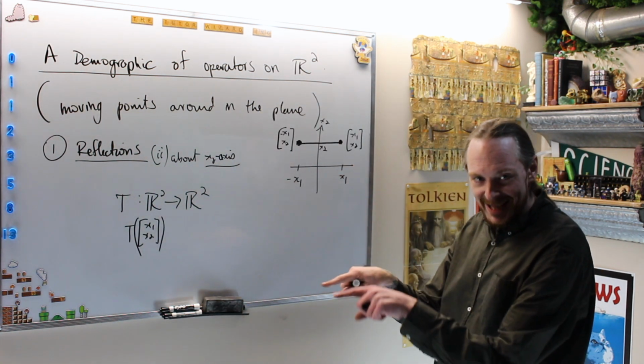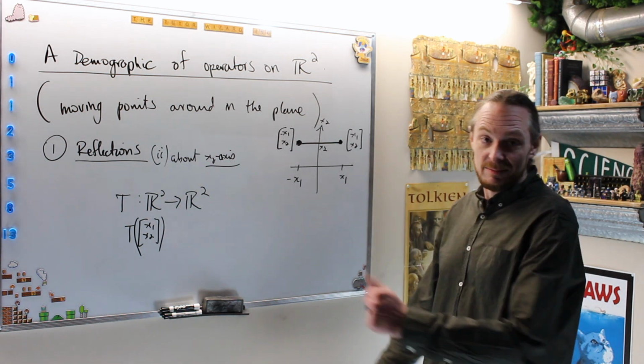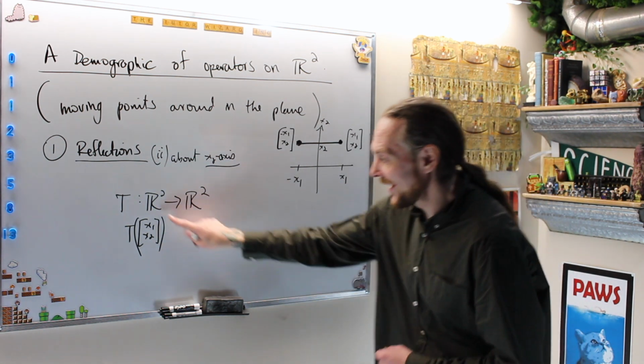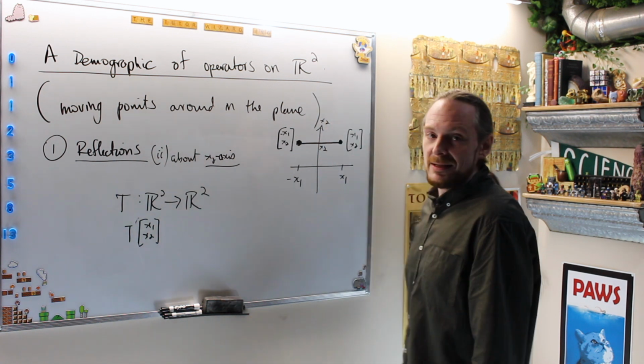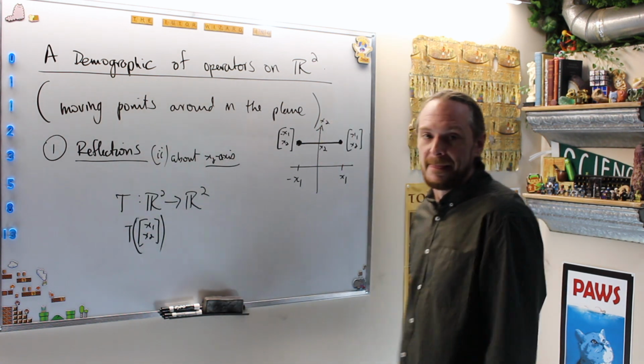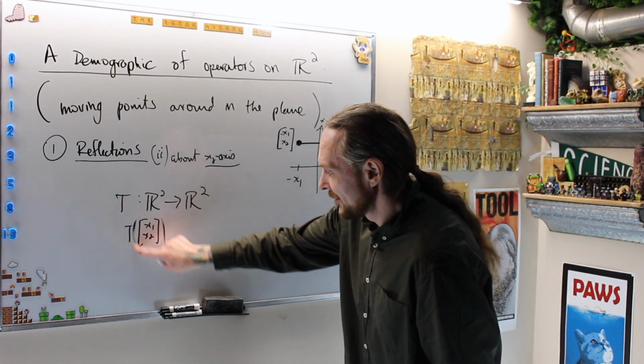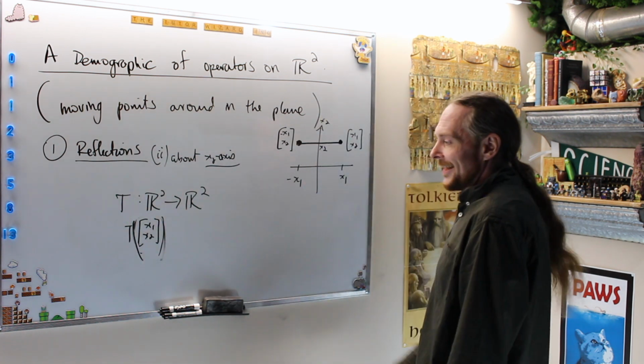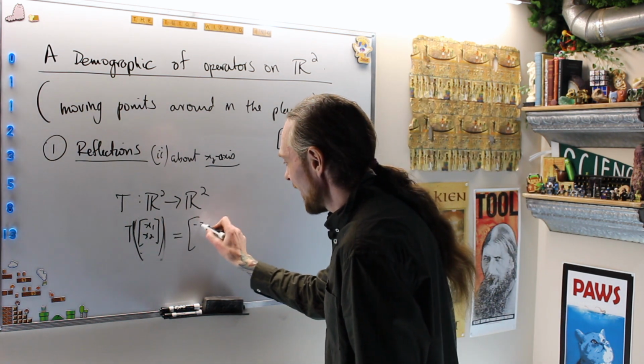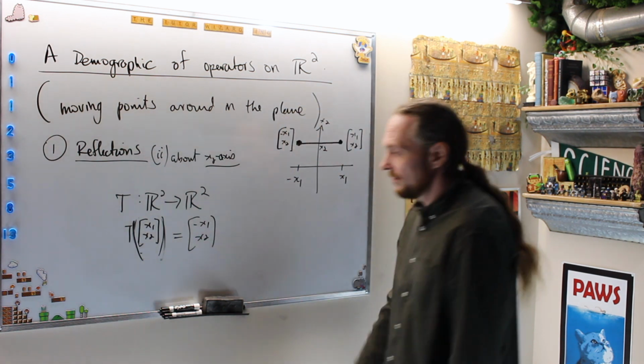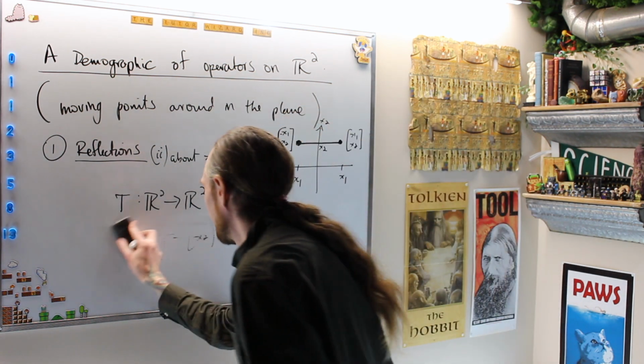Now that the vector has brackets, you don't need two sets of brackets. But nobody ever points that out. We're lazy and I don't want two sets of brackets. So T of x is equal to what in this case? Negative x1, x2.